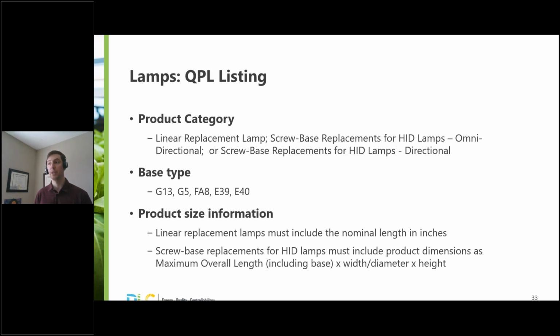For TLEDs, it's going to be nominal length in inches, so 2 foot, 4 foot, 8 foot, and also some nominal differences with T5 lamps. The screw-based replacement lamps for HIDs must include the product dimensions as maximum overall length times width, or diameter if the lamp is round, and height.